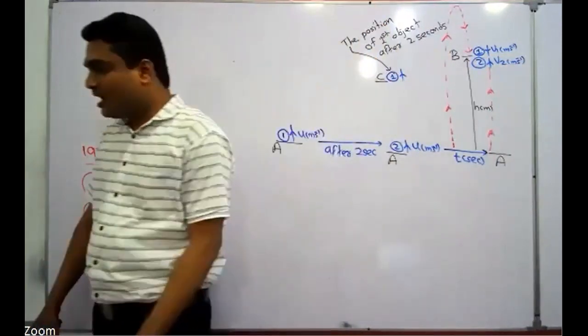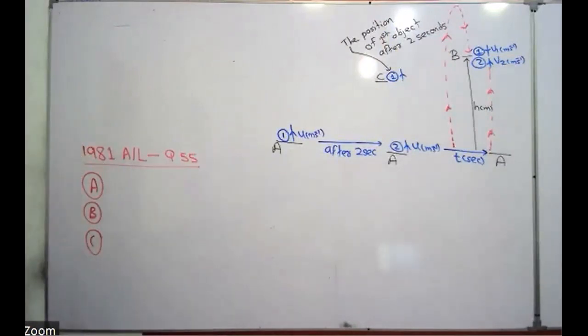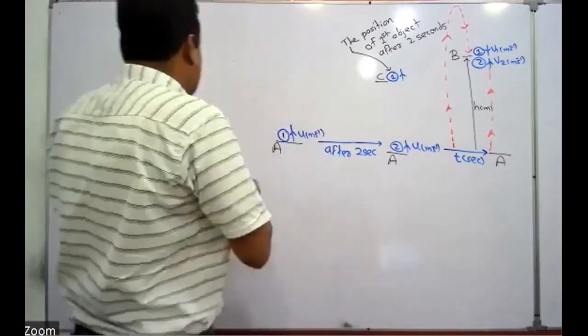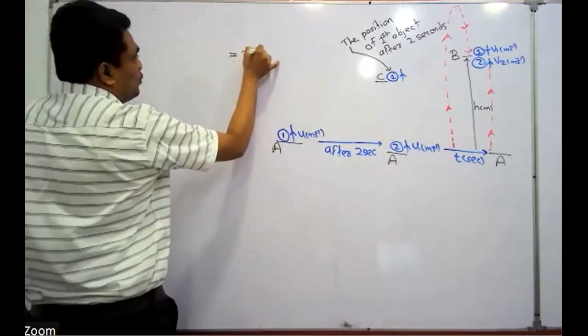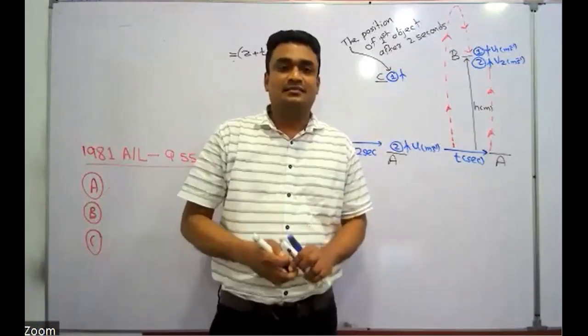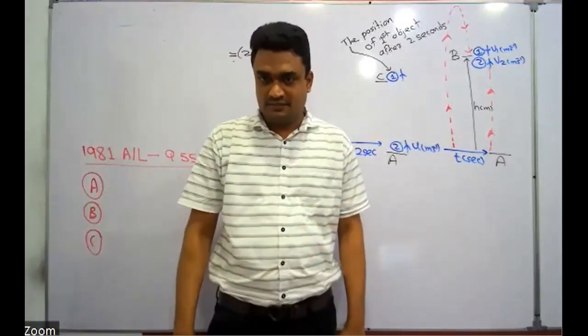Let's write a statement. The time taken for the first object to reach the point B equals 2 plus T. Am I right here?